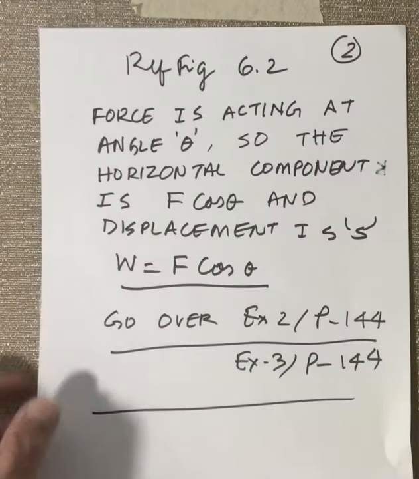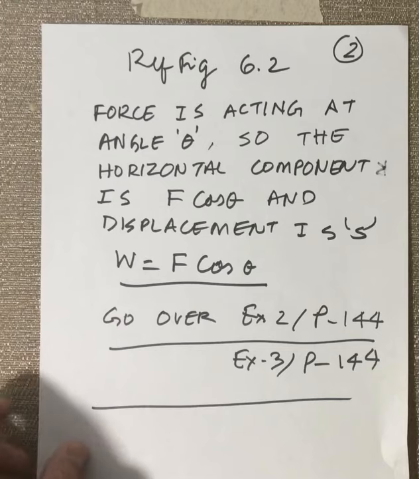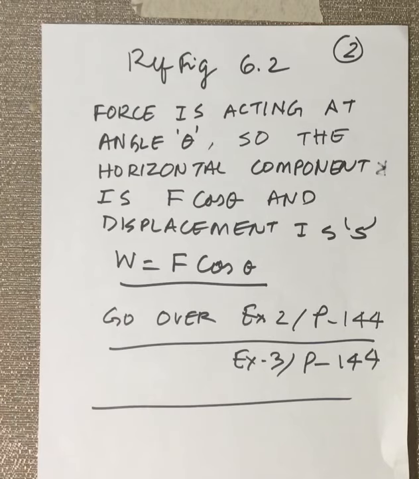We are now on the second page, where force is acting at an angle theta, which is the angle it makes to the horizontal. So we have to find the horizontal component. Theta is not 0. If theta is 0, then it is force times the distance.